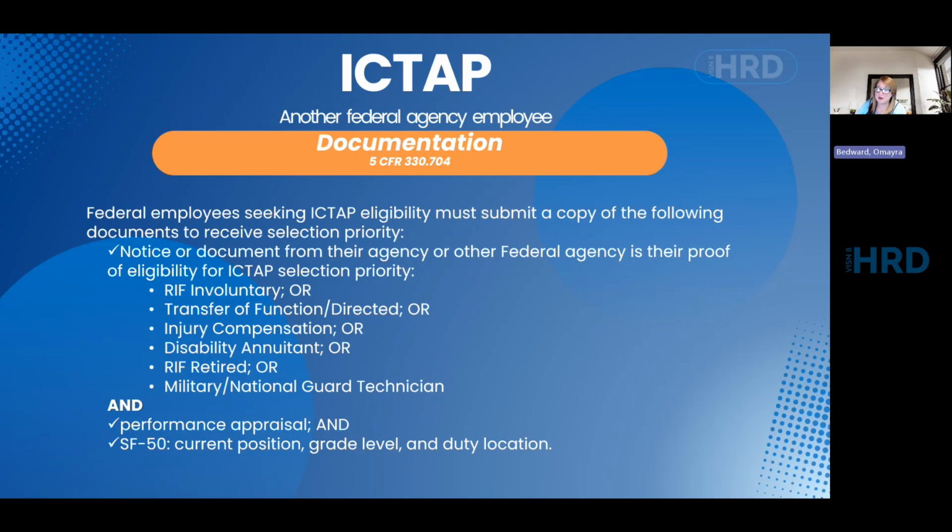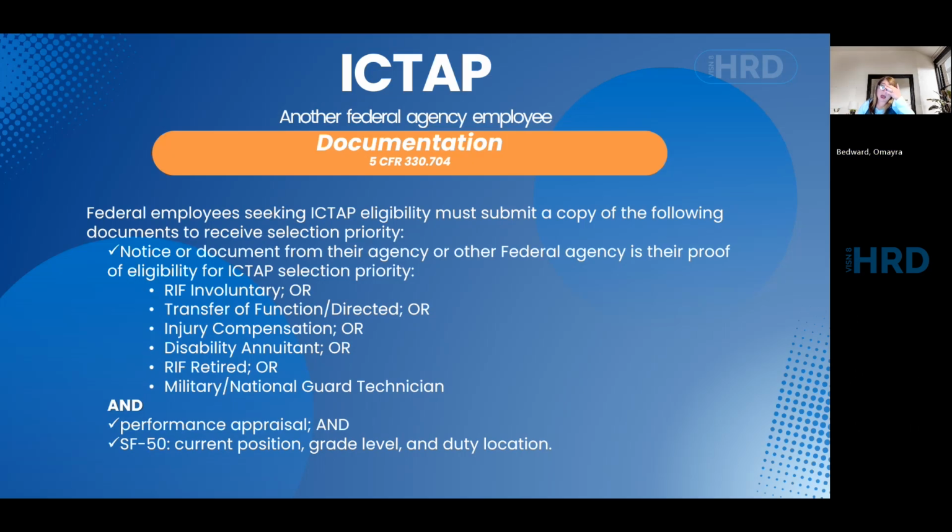And obviously for documentation purposes, the person needs to also provide a copy of their most recent annual performance appraisal and a copy of the most recent SF-50 of the position that they left. And it has to include the current position that they held, the grade level, and the duty location.